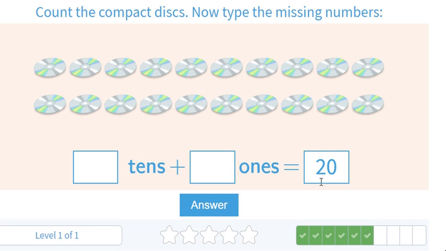So when we look at the number 20, it has 2 groups of tens. And we can see that right here, because here's one group and here's 2 groups of tens. So I am going to put a 2 in this space right here, because I have 2 groups of tens.